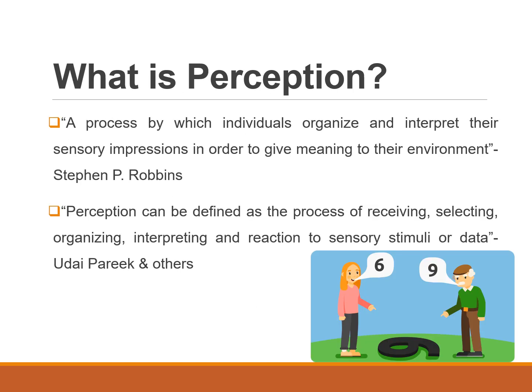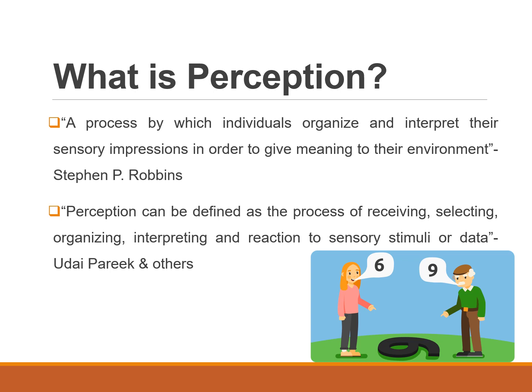So what is perception? Have you heard before about this term, perception? It means how we interpret our world, how we see our world and how we think about our world. That is a simple definition of perception.